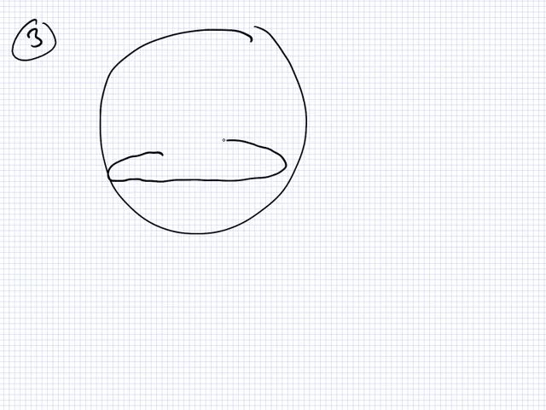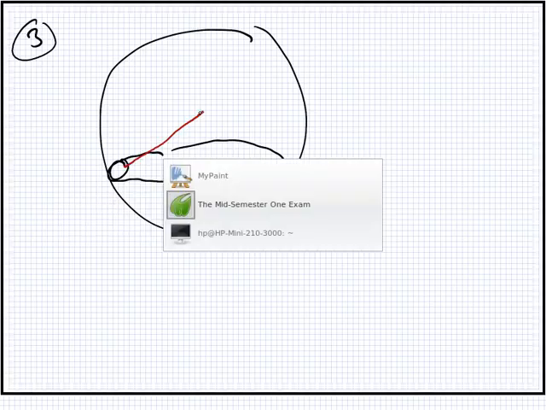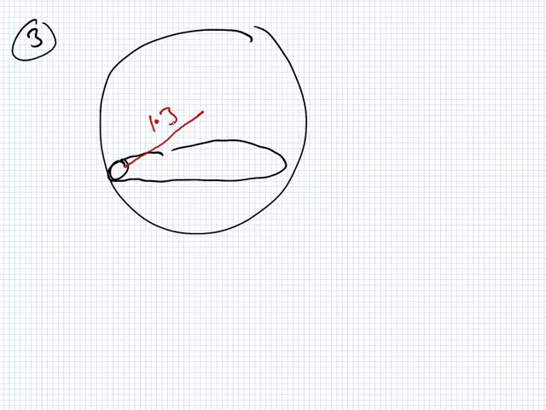What you have is inside the sphere, there's a ball rolling around, and this distance here is 1.3. This distance here is 1.2. So this distance here is 0.5.